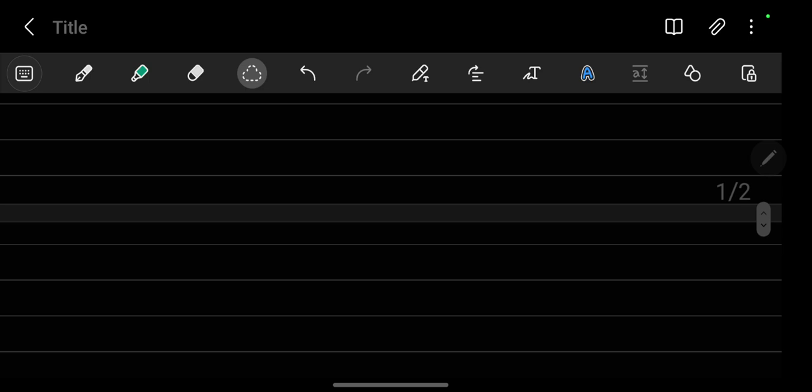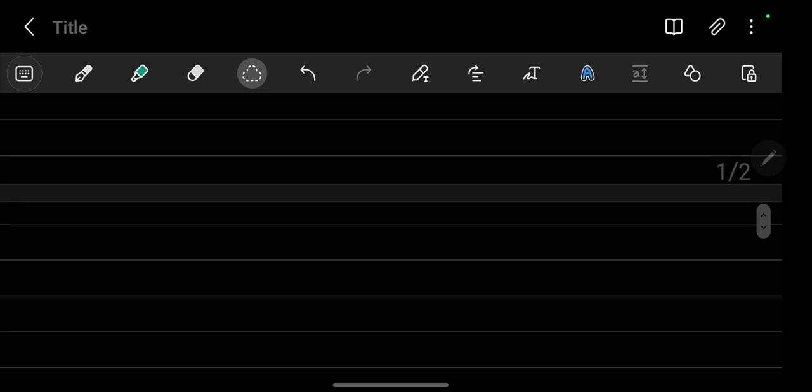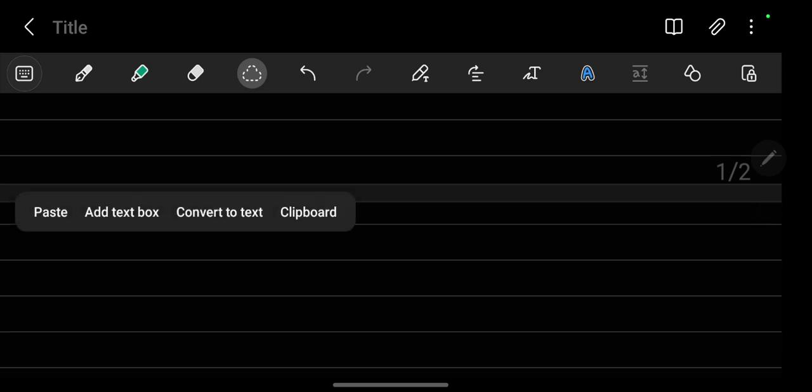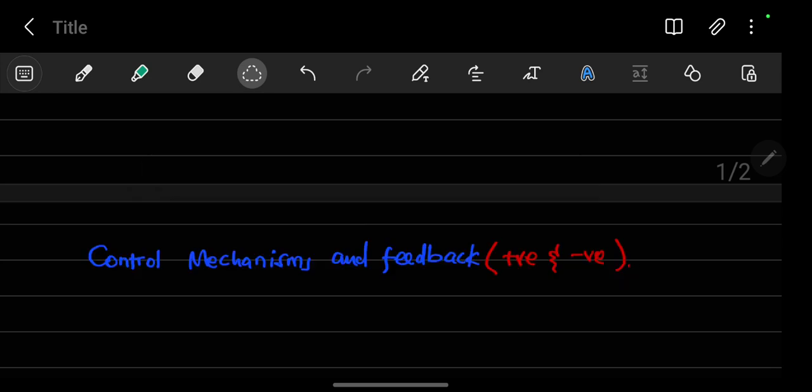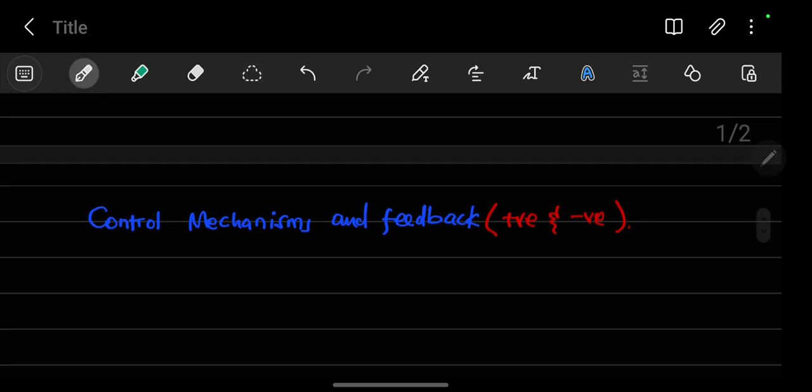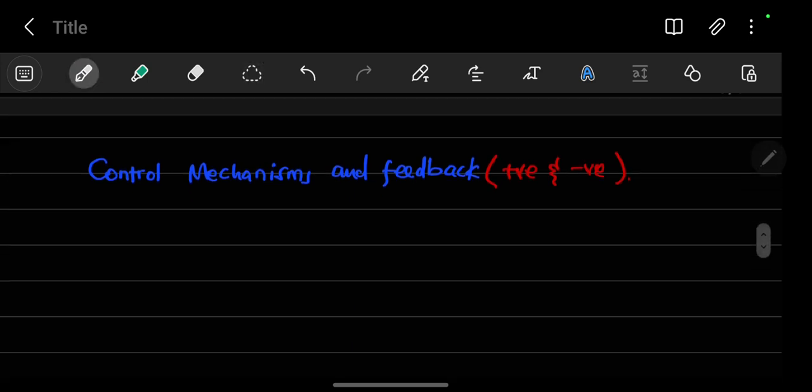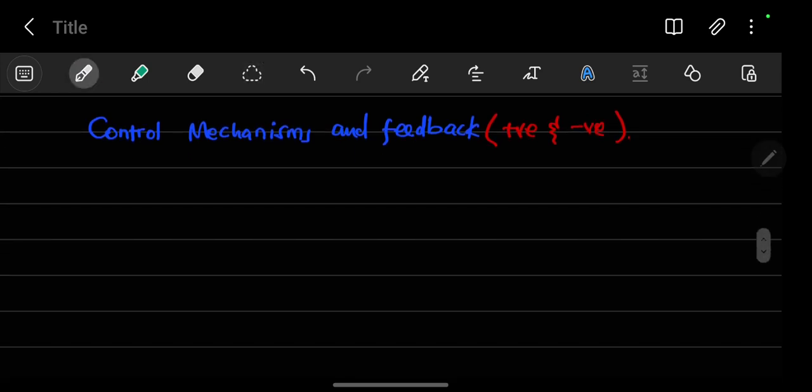I'll carry that to page 2. So there we are. So control mechanisms and feedback. I have my simple illustration here.